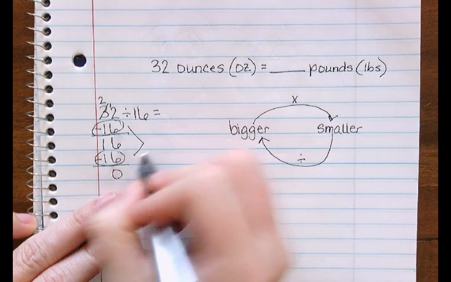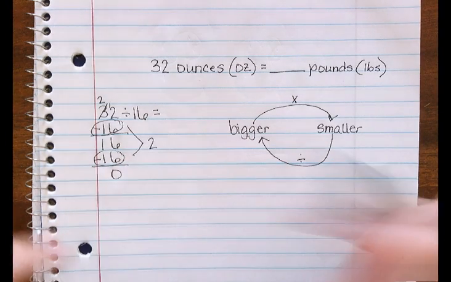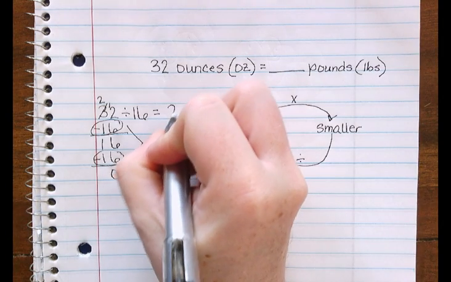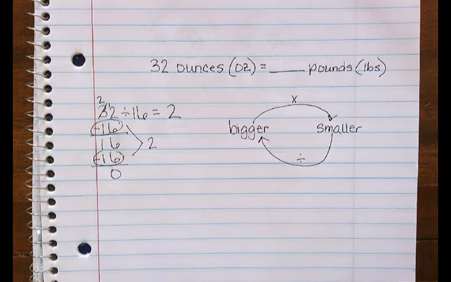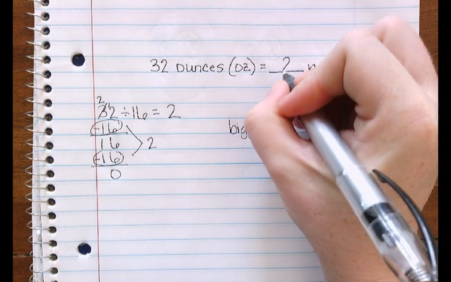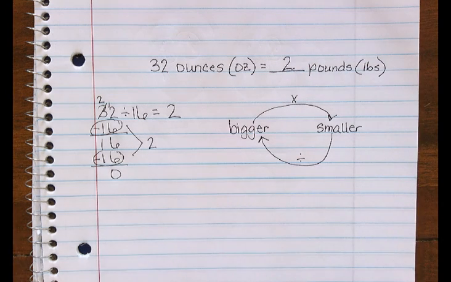So I got two 16s out of it. So 32 divided by 16 gave me 2. So 32 ounces is the same thing as 2 pounds. So that bag of peas weighed 2 pounds.